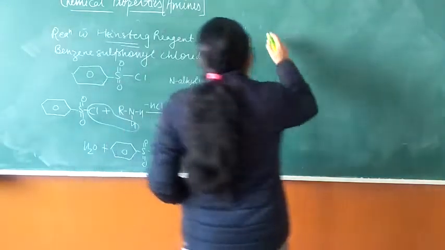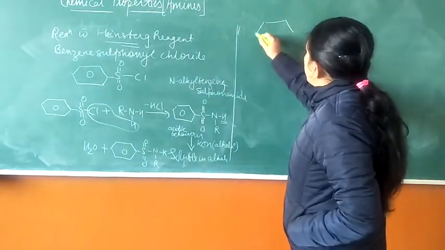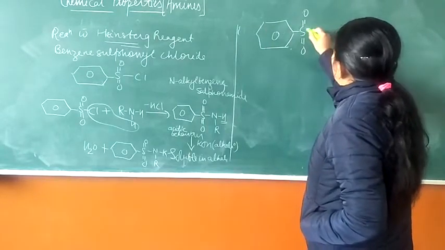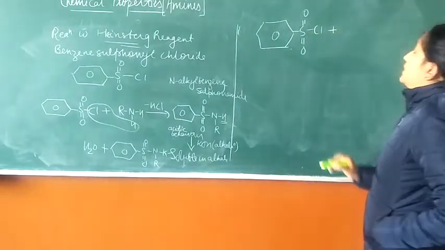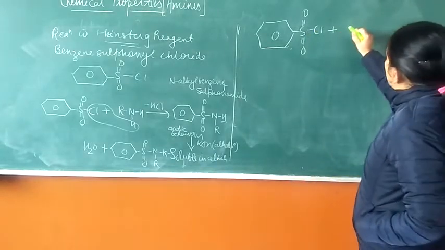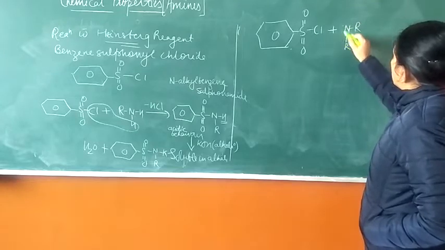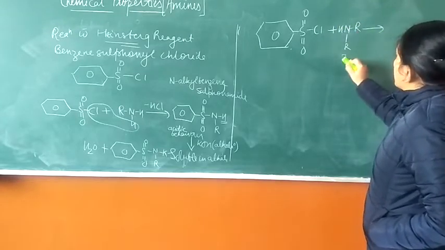But students, when we take the secondary amine, there is SO2Cl, and this is a secondary amine. Let's take an example of it, R2NH. This is the secondary amine.